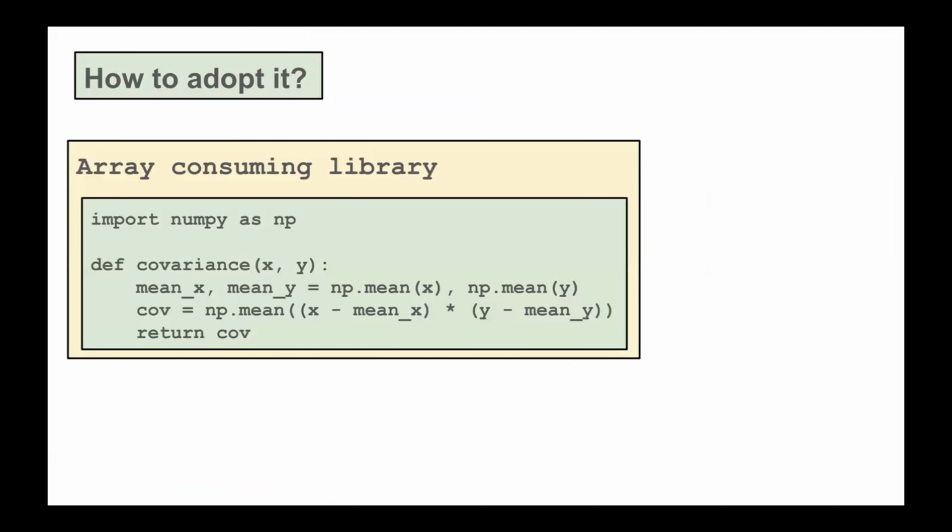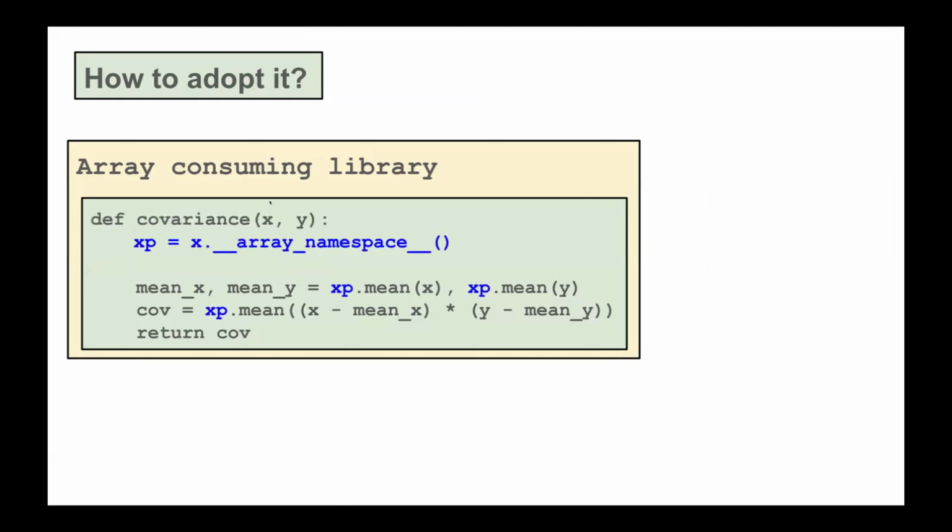And so here's how an array consuming library might adopt it. It's just a simple covariance function. You just have to take this array object and run this array namespace function, and you get the whole namespace. Then instead of np, you just put xp everywhere.